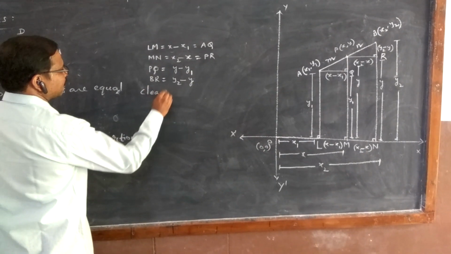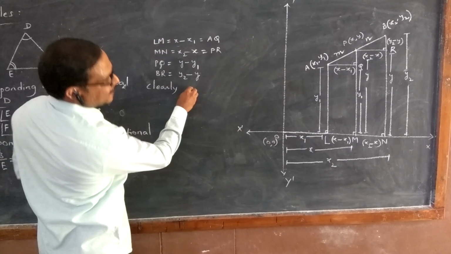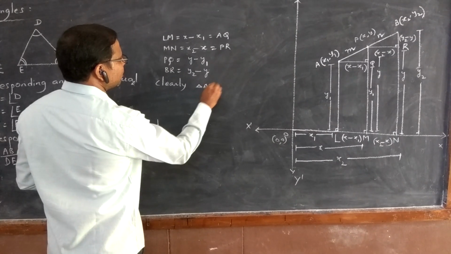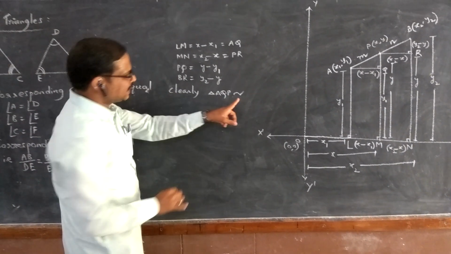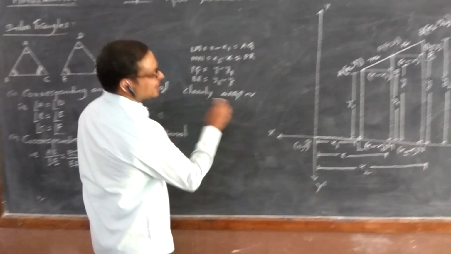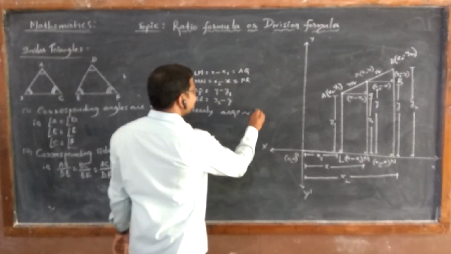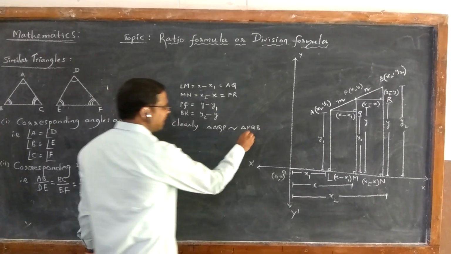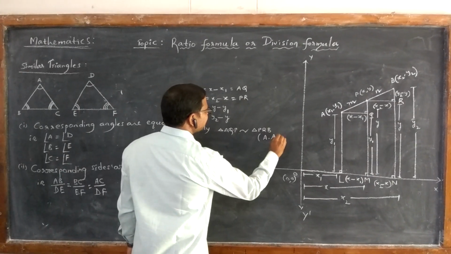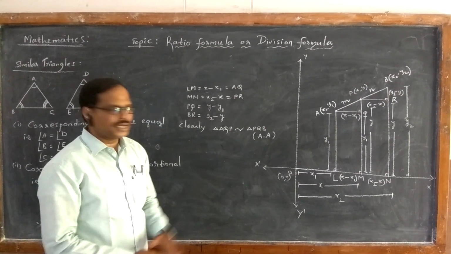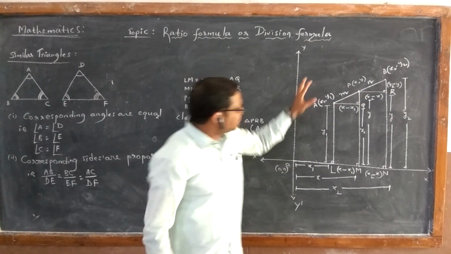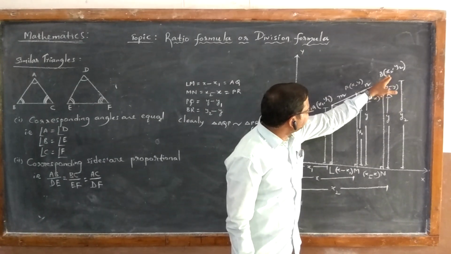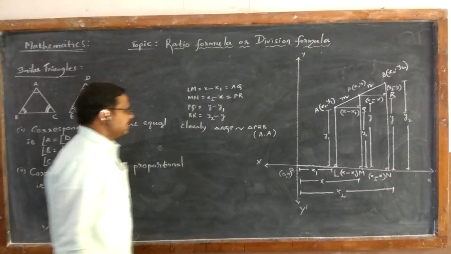Clearly, triangle AQP is similar to, this is the symbol for similarity, triangle PRB by angle similarity criterion. So it will be told later. Just observe this. AQP and PRB are similar triangles.